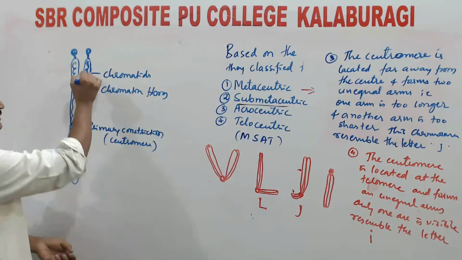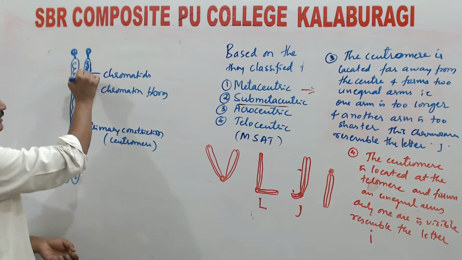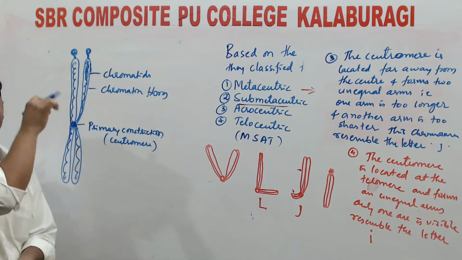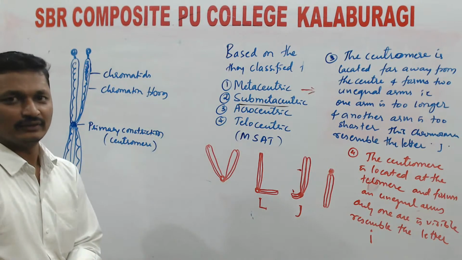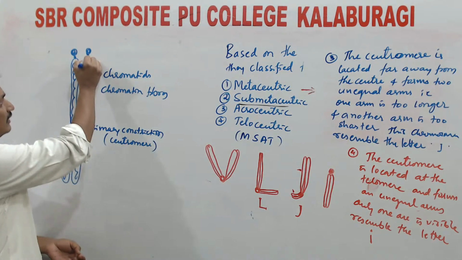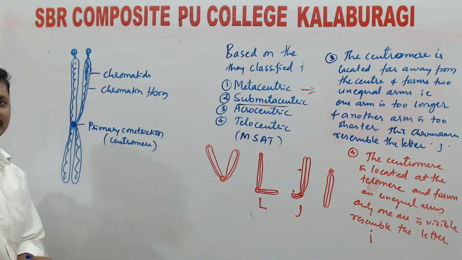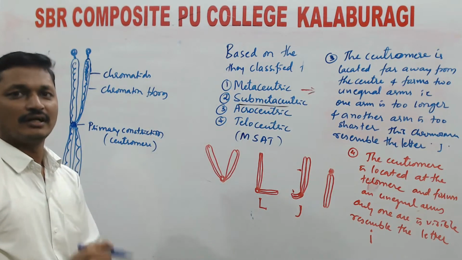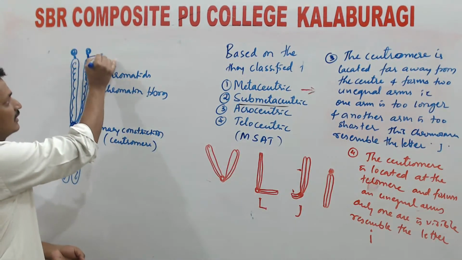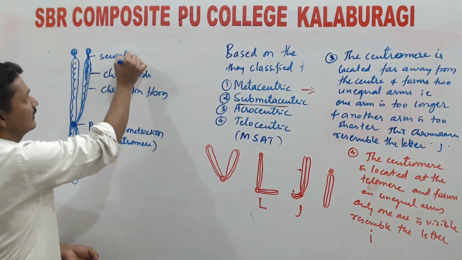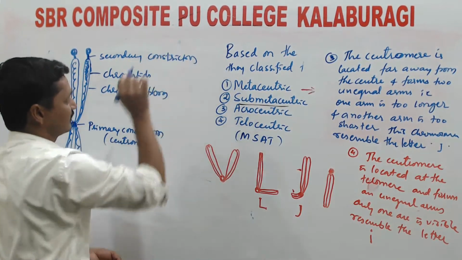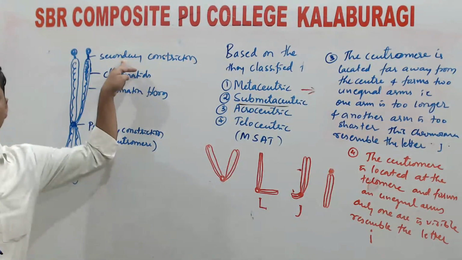So these chromatins are the actual sites of the chromosomes because these are formed by the complete DNA and histone proteins. Then at certain regions, not in all chromosomes, in a few chromosomes of the nucleus, we find an unstained structure called the secondary constriction. Secondary constriction is unstained here.